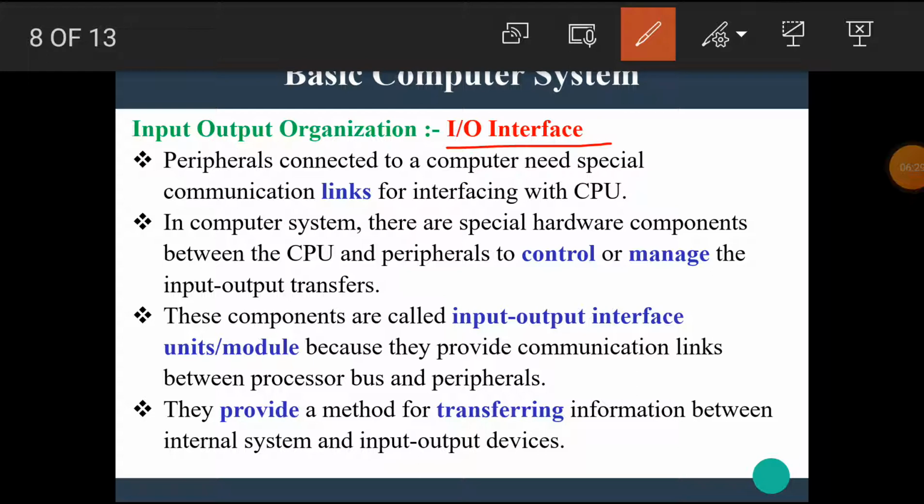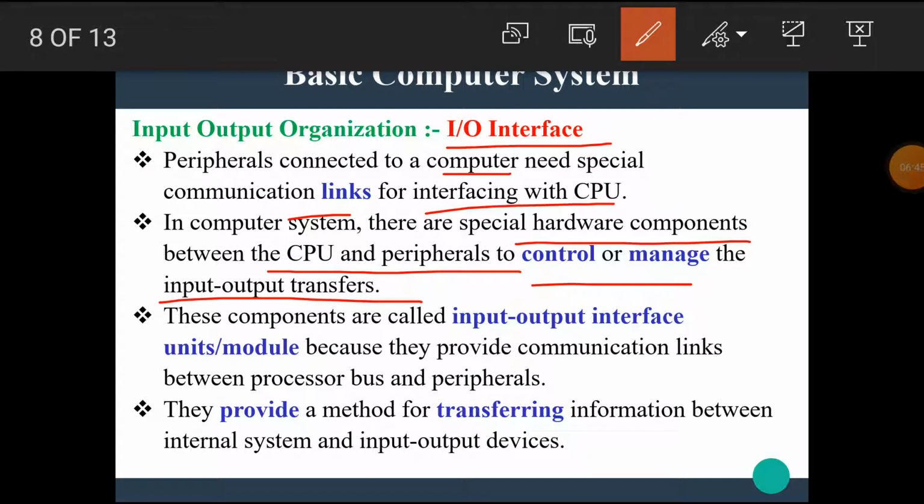The peripherals connected to a computer need special communication links for interfacing with the CPU. In a computer system, there are special hardware components between the CPU and peripherals to control or manage the input-output transfers.